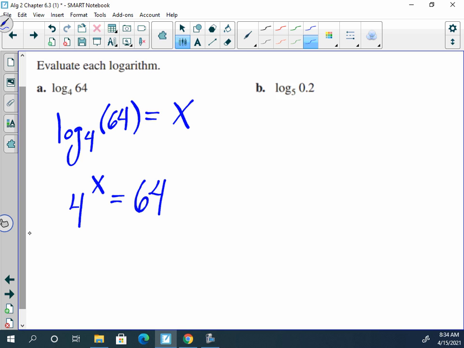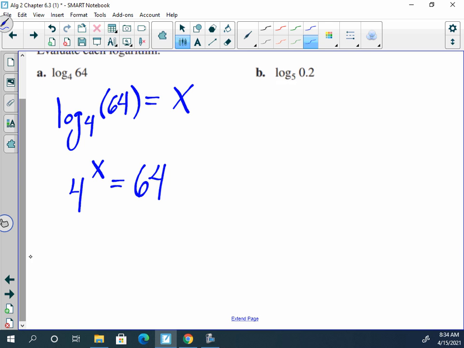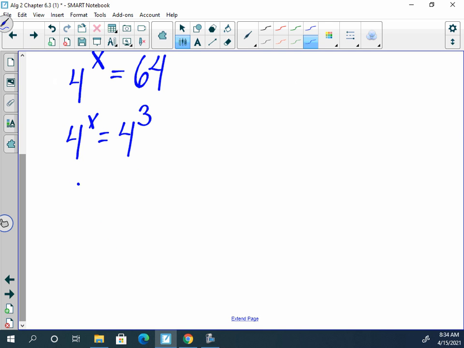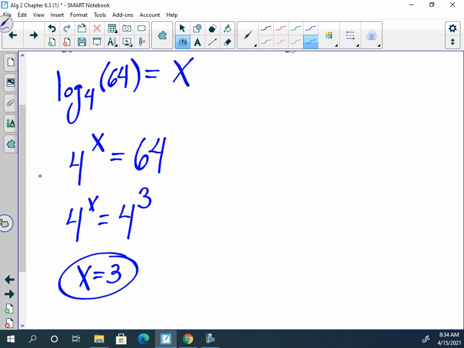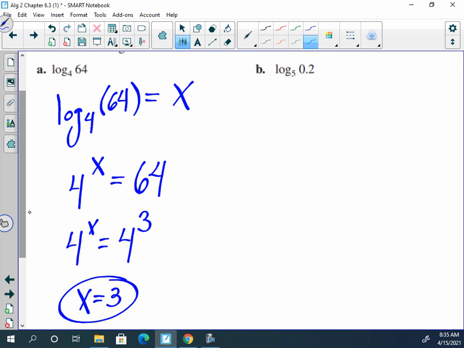It'd be 3, because if we put 4 cubed into the calculator, we would get 64. Really what we're saying is 4 to the x, well, 64 is 4 to the third, so x is equal to 3. Any questions on this here so far?